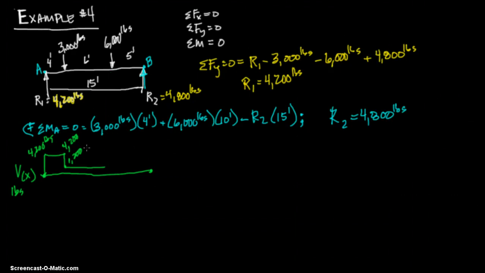So 1,200 minus 6,000 equals negative 4,800, which it should. That makes sense because we're going to be going up 4,800, so we want to be at negative 4,800. This is at 1,200. Go down to negative 4,800. And then we go up. This is also negative 4,800. Alright, so there is your shear diagram.